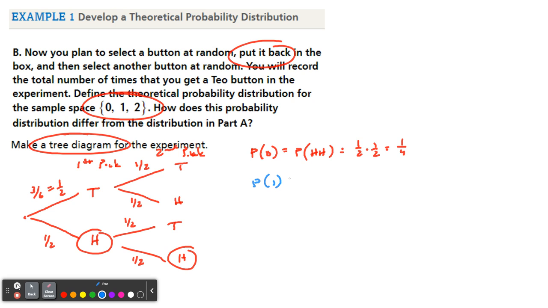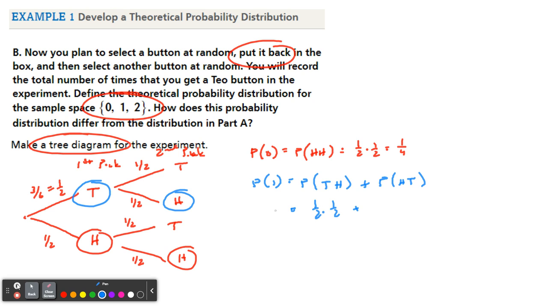Now the probability of getting a 1 would be the probability of getting Teo first and then Henry. We're going to add this to the probability of getting a Henry and then a Teo, right? So here the order matters. So the probability of getting a Teo and then a Henry would be this route, which again is 1/2 times 1/2.